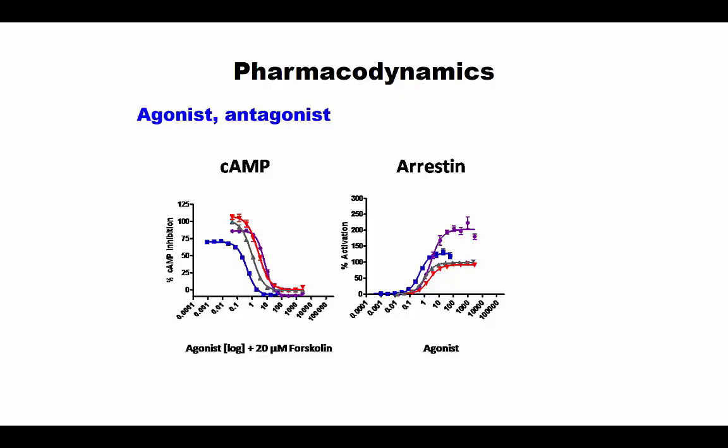Now in these two graphs, cyclic AMP and arrestin, are these agonist or antagonist? Actually, there is a hint on the bottom. Both of them are agonists. The point here is that it depends on how you define your y-axis. This is percent inhibition. When percent inhibition is high, that means no inhibition, so that's the inactivated state. When percent inhibition goes down, that's fully activated, so this is an activation graph.